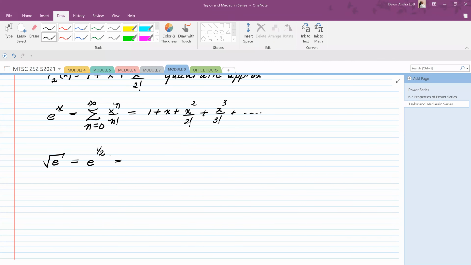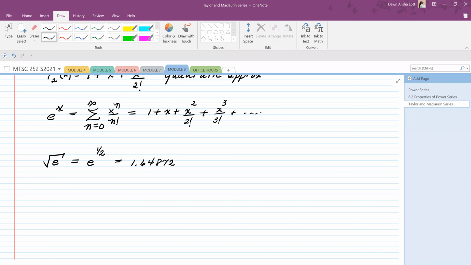Oh, there we go. Okay, 1.64872 and some other stuff. Okay, so that's the approximation for the square root of e.